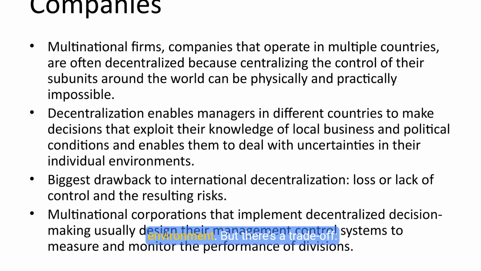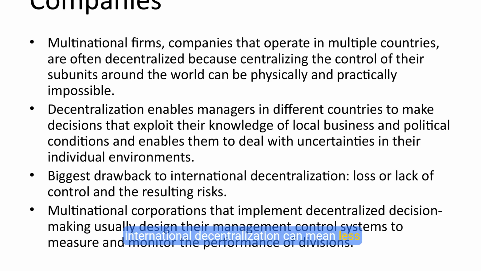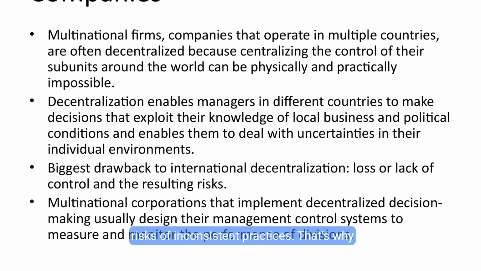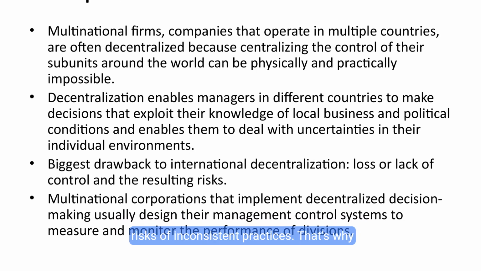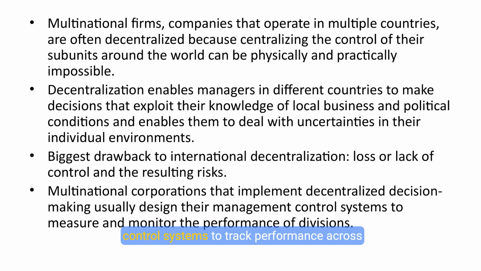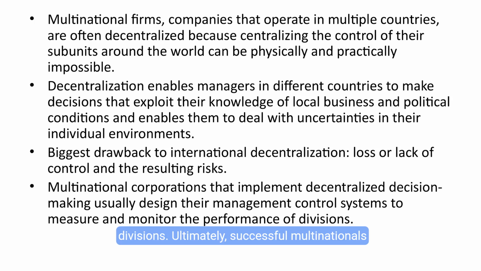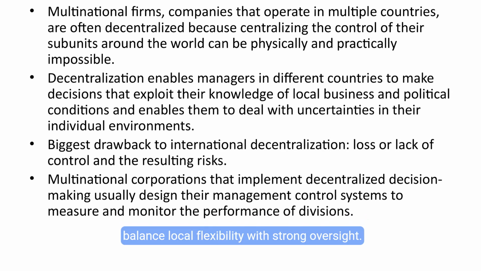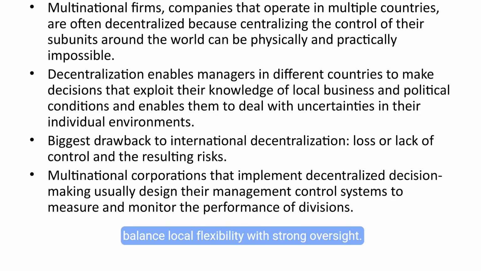But there's a trade-off. International decentralization can mean less direct control from headquarters and increased risks of inconsistent practices. That's why global companies rely on robust management control systems to track performance across divisions. Ultimately, successful multinationals balance local flexibility with strong oversight.